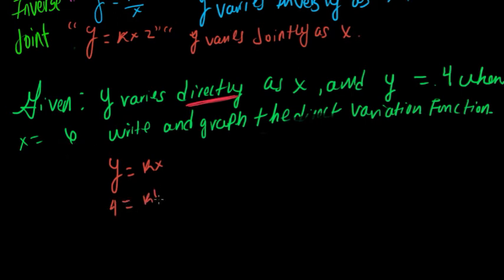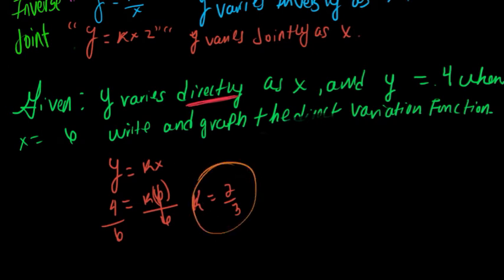So 4 = k times 6, because we can indeed solve for k by dividing both sides by 6. Then I'll have k equal to 4 divided by 6, which would give me 2/3. So k is equal to 2/3. If you want to express it as a decimal, it'd be 0.666 repeating, so I would just leave it as a fraction of 2/3. So this says that my constant of variation is 2/3.